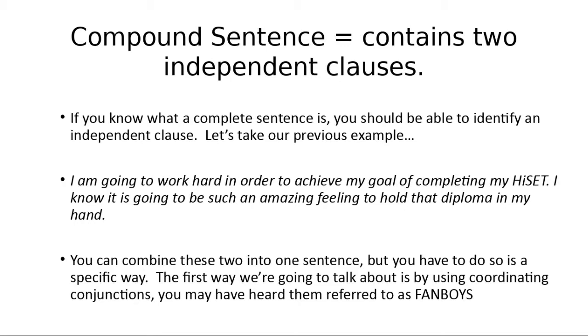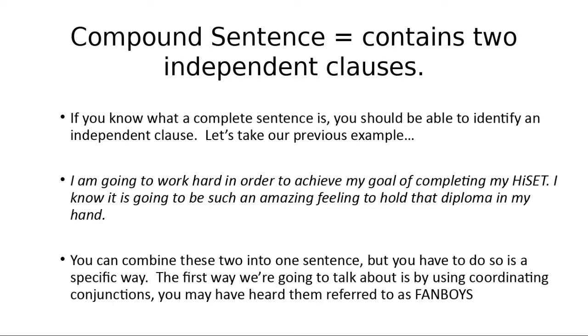So keep that spot where you see that period in mind, because that is really where the three rules that I'm getting ready to show you, that's where you're going to adhere these two independent clauses, or these two complete sentences. You're going to combine them together, and they're going to be combined at that spot.